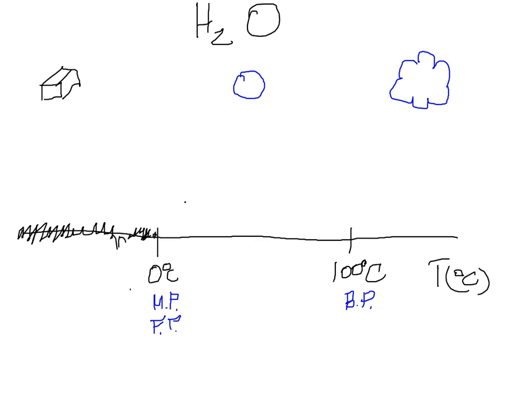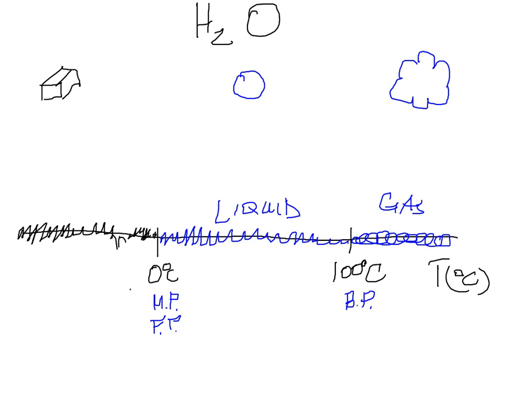We have melting that happens around 0 degrees Celsius. H2O exists in the liquid phase in this internal region, and then it's, of course, in the gas phase over here. Let's just quickly rewrite that up here just to make this nice and clear.